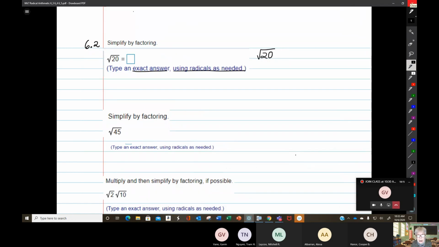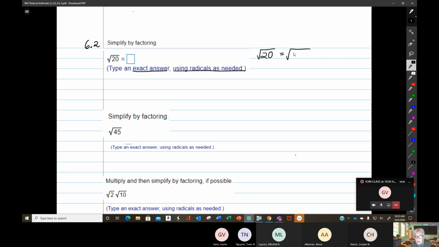Break 20 down into a combination of numbers, factors, that equal 20 when you multiply them, but that include a perfect square. What's a perfect square? A number like 4, because the square root of 4 is 2.